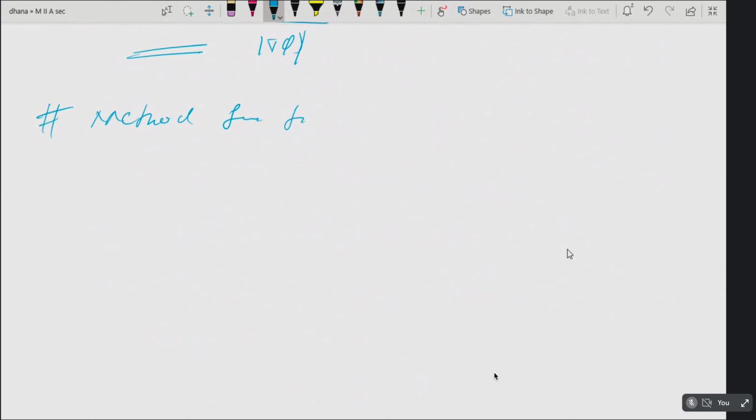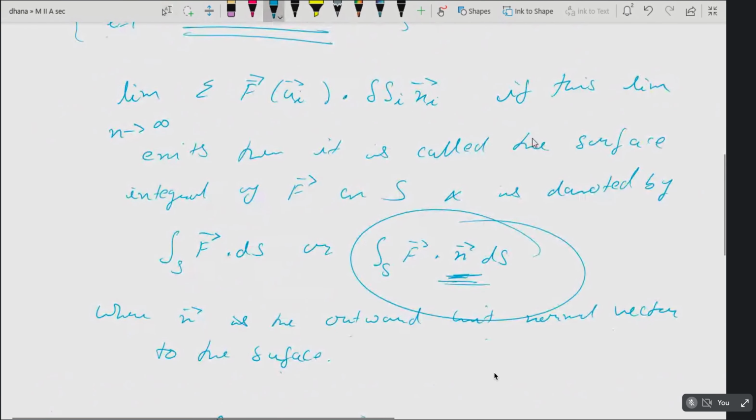Method for finding the surface integral. Not much method here, just a few formulas you have to remember. Now, in order to evaluate the surface integral, it is convenient to express it as a double integral. Here f bar is given in the question, and based on the given surface, you can find your n bar.